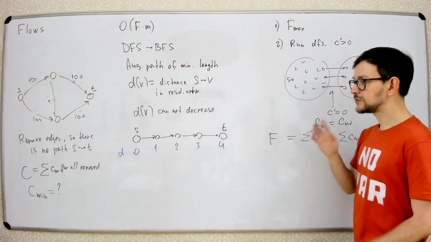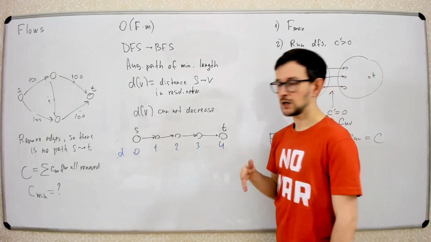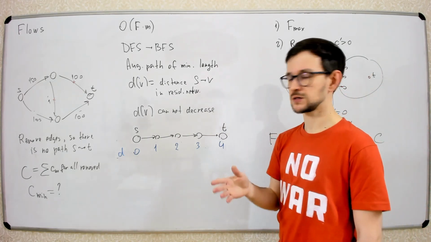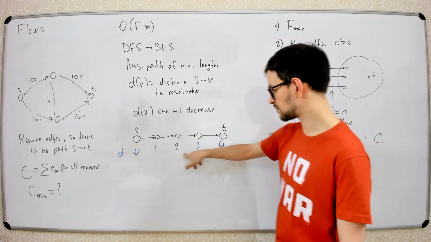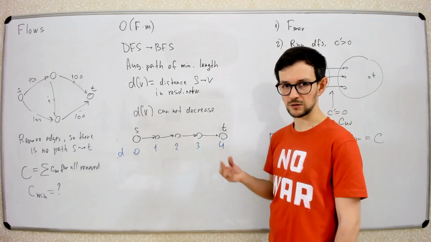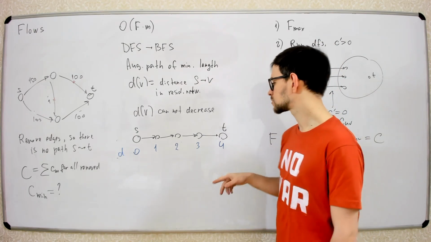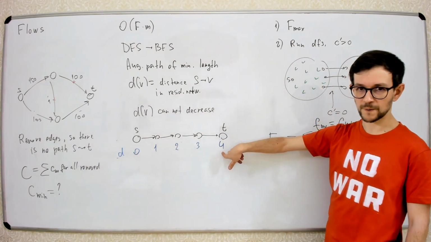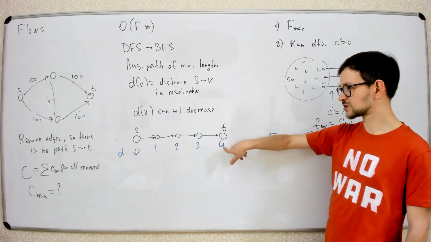Now, again, if you look at the shortest path, in any shortest path, distances look like this. So distances are increasing by 1 in any shortest path. Because if this value is 4, it means the distance to this node is 4.